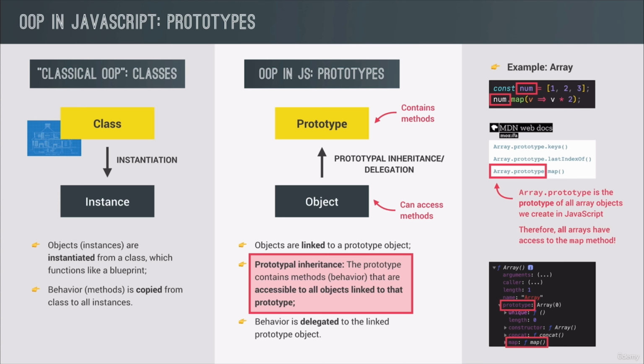So in a sense, our array inherits the map method. Or again, we can also say that the array delegated the behavior of mapping to its prototype. So you can choose whatever makes more sense in your mind. But what matters is that the map method is actually not defined on the num array itself, but on its prototype. And of course, we're going to check out this behavior also in our code in practice. Okay?